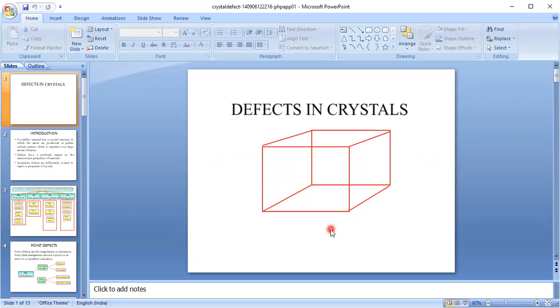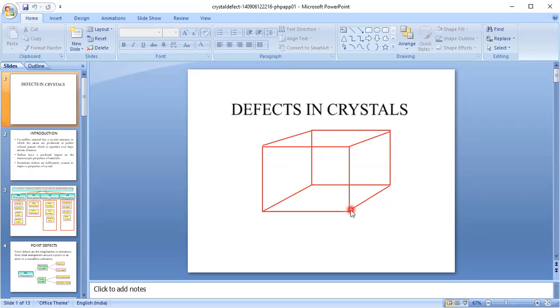So any material, if you consider inside that material, there is a crystal structure. That crystal structure is made up of n number of unit cells. Here you can see this is one unit cell. In this way, n number of unit cells are inside that crystal structure.